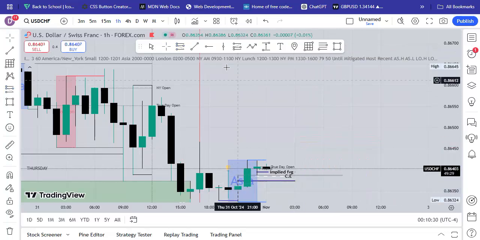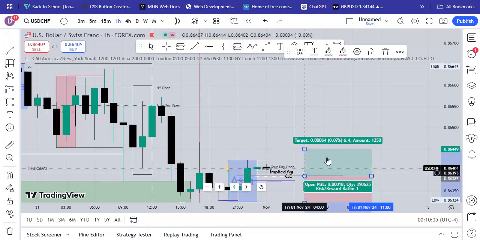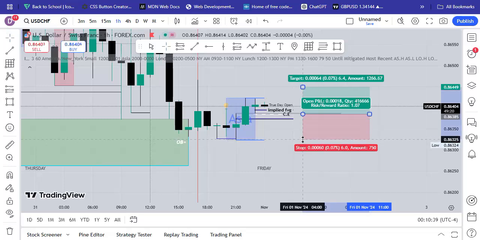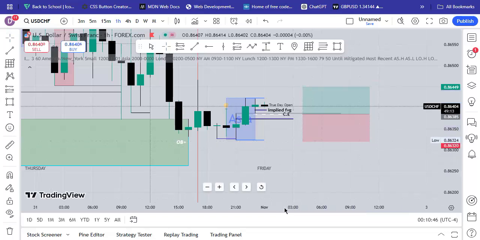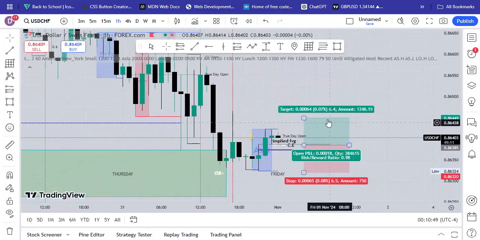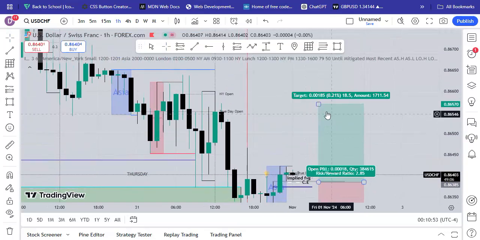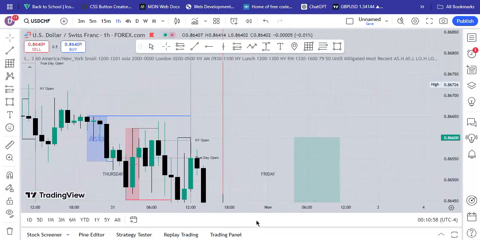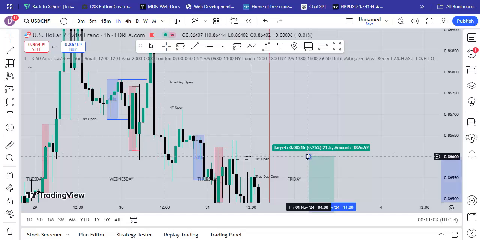So I mean, if I'm swing trading, this is what I'll be doing. My stop loss will be below here, safe below here, which is, let's just say, 65 pips, and my first target will be this high, while my second target will be this high.